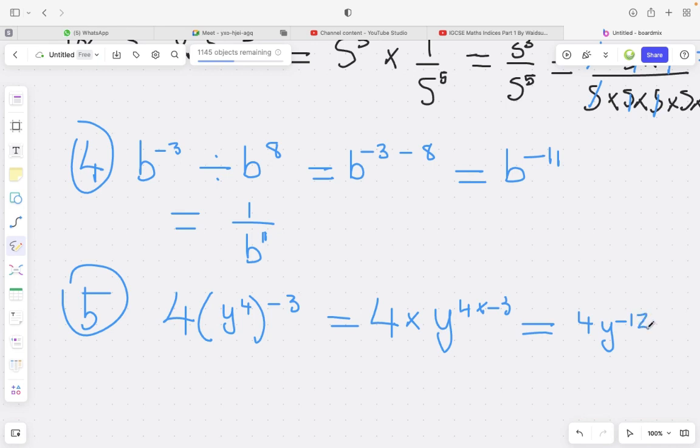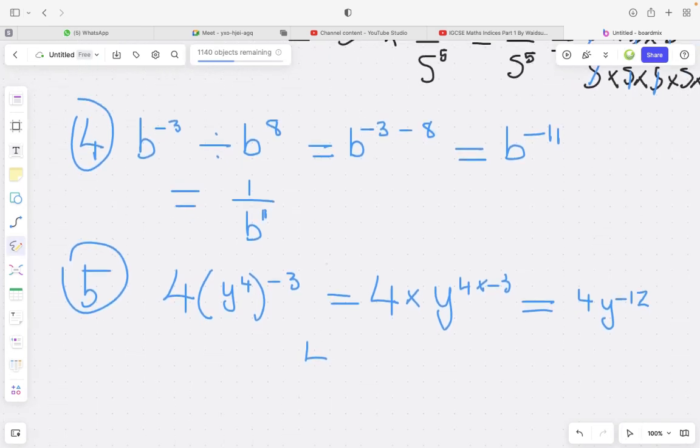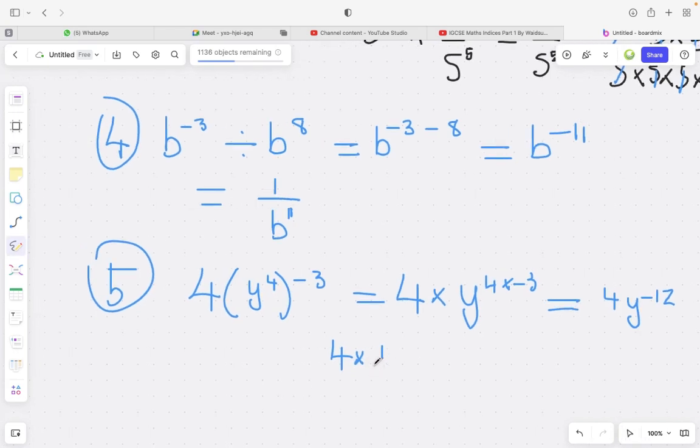Remember, they say we should not leave our answers in negative numbers. So we write 4 times y raised to power minus 12, which is simply 1 all over y raised to power 12.